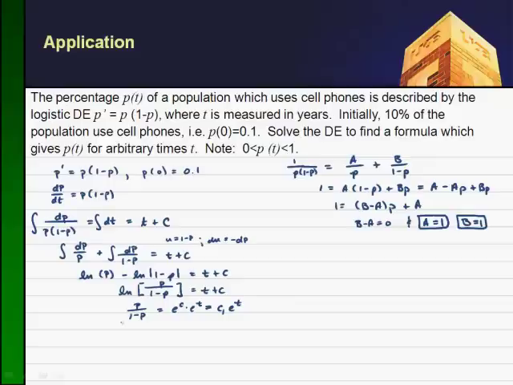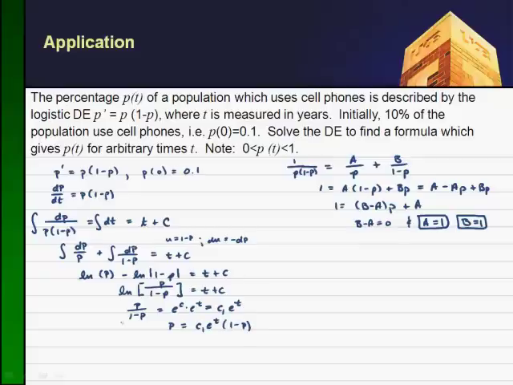So now if I multiply both sides by 1 minus P, I'll get P is equal to C1 e to the t times (1 minus P).